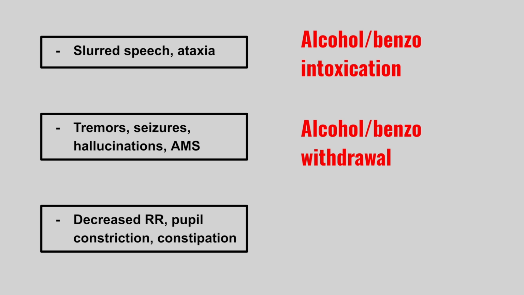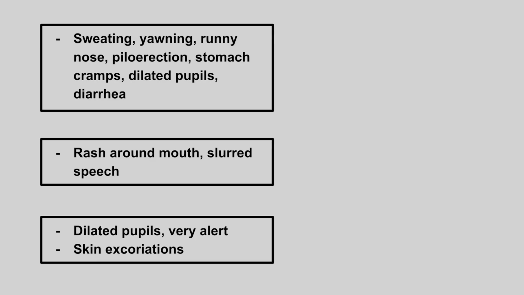Next, we have a patient with decreased respiratory rate, pupil constriction, and constipation. This is opioid intoxication. Next, the patient's going to have sweating, yawning, a runny nose, piloerection, stomach cramps, dilated pupils, and diarrhea.